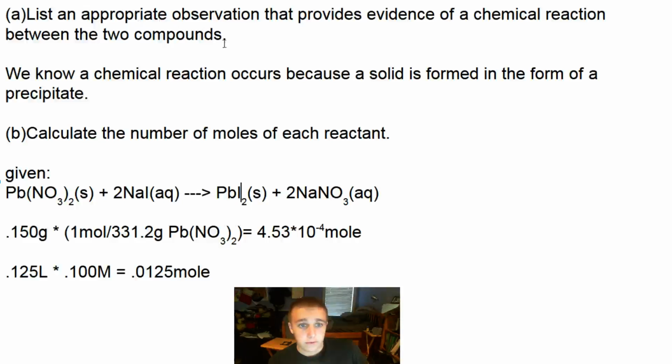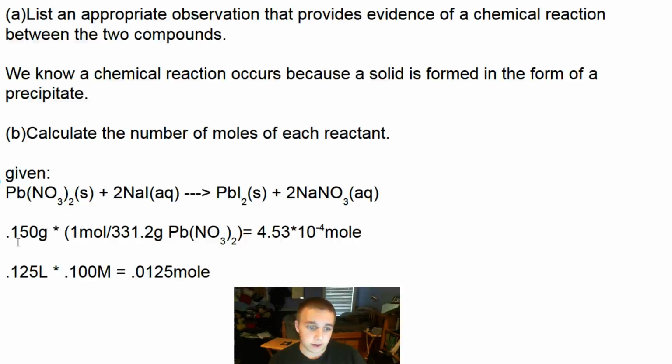So the first question, part A: list an appropriate observation that provides evidence of a chemical reaction between the two compounds. I said we know a chemical reaction occurs because a solid is formed in the form of a precipitate, which will end up being PbI2. For B, we were supposed to calculate the number of moles of each reactant.